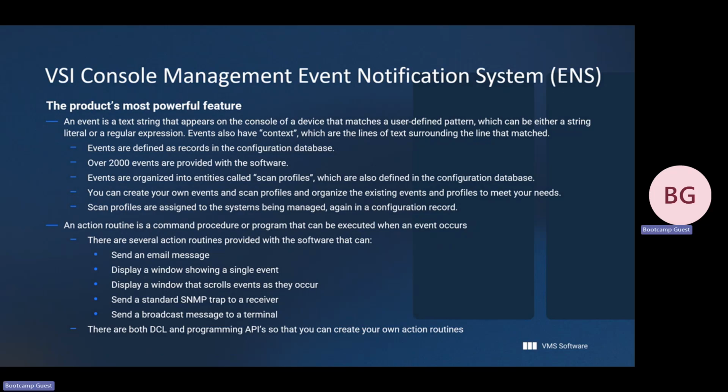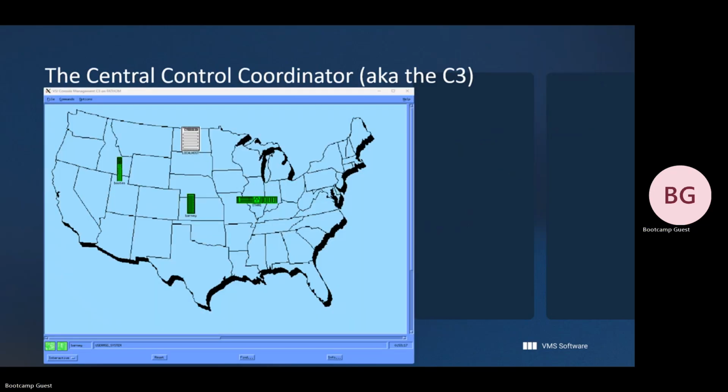Out of the box with the product, we've got action routines to send an email. We can display a little window showing an event, which is DECwindows. We have a window that scrolls events as they occur. We can send a standard SNMP trap to a receiver. You can send a broadcast message to a terminal. As I said, there are APIs.